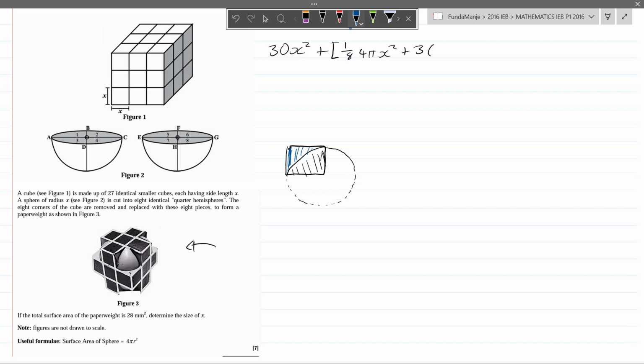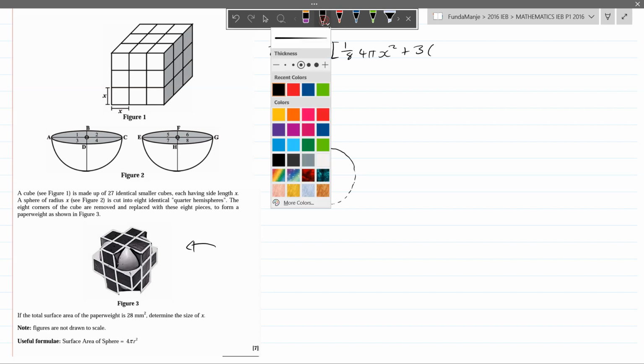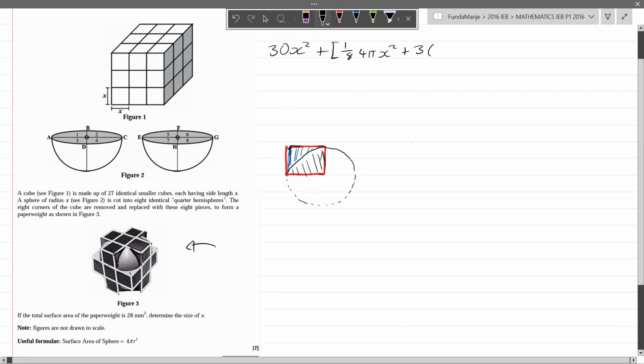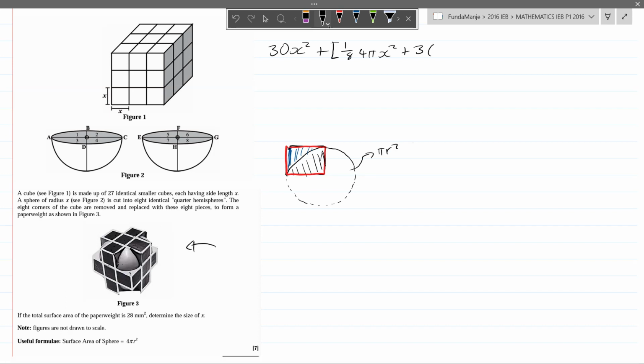So how do we do that? We basically take the area of the entire square, and then subtract the area of the quarter circle that is there. The area of a circle is pi r squared, so this smaller part here is going to be 1 over 4 pi r squared, and r in this case is x.